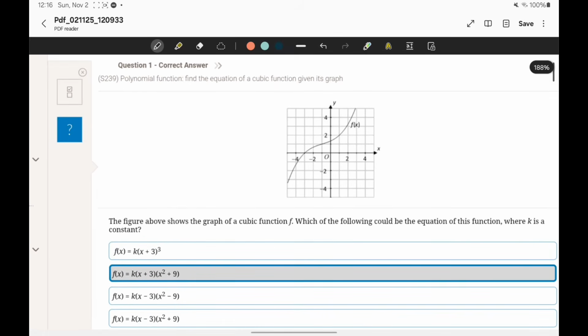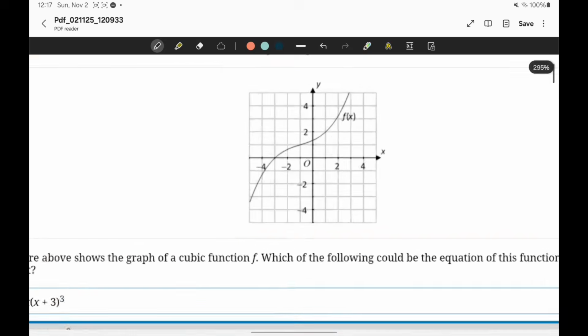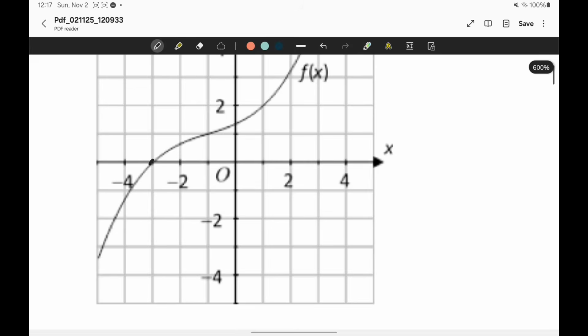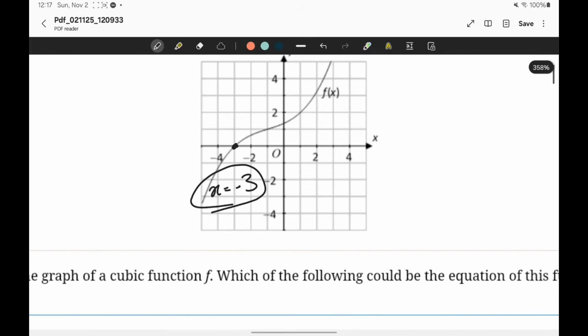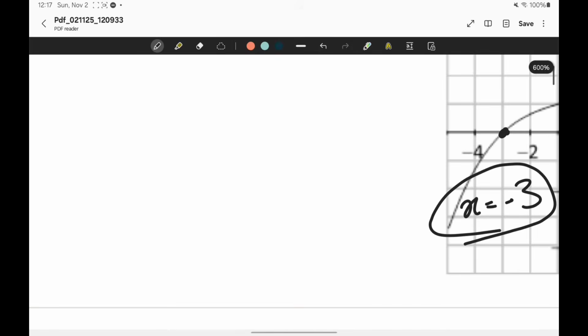Number 1. The figure above shows the graph of a cubic function f. Which of the following could be the equation of this function where k is a constant? Okay, you could see from the graph that it touches at x is minus 3. Last year when we were doing the graphs, we had (x minus h) and stuff like this.